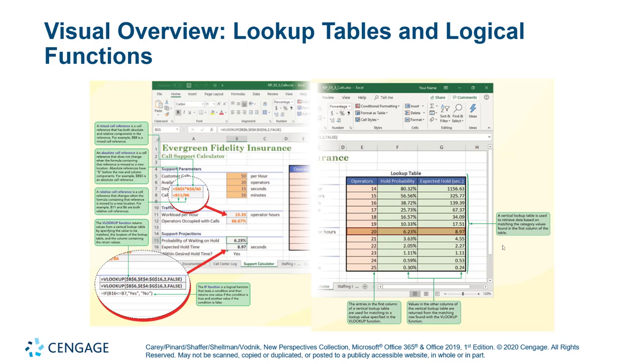On the other side of the multiplication symbol in that equation, you'll see B$8. This is a mixed cell reference. So if I copy and paste this formula or drag it to another location, the column reference can change, but the row reference will not. So that 8 will never change.